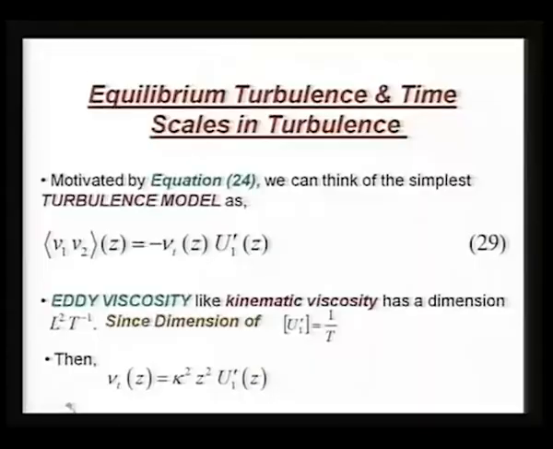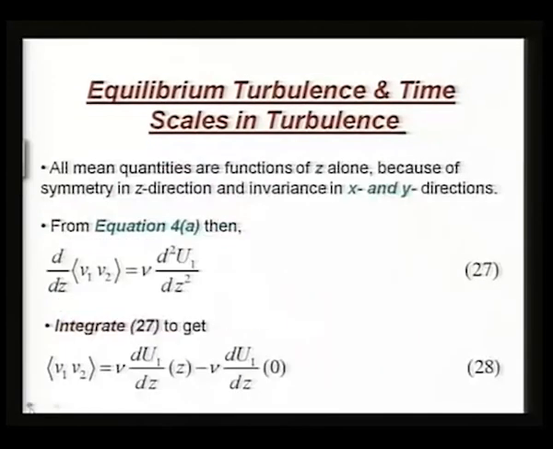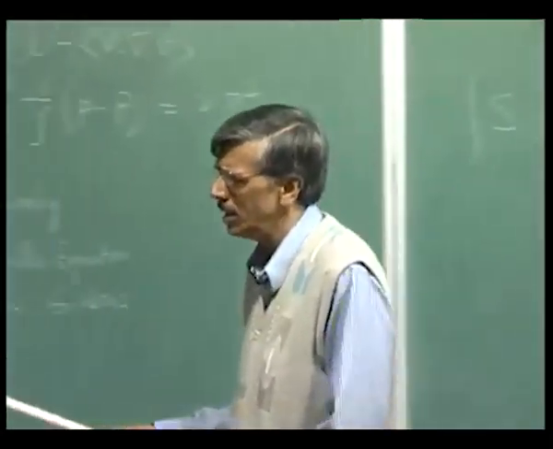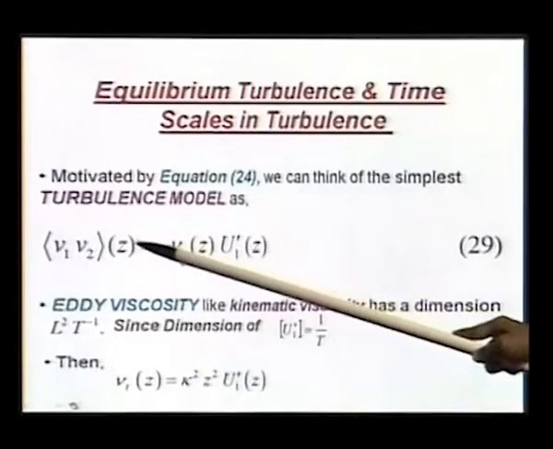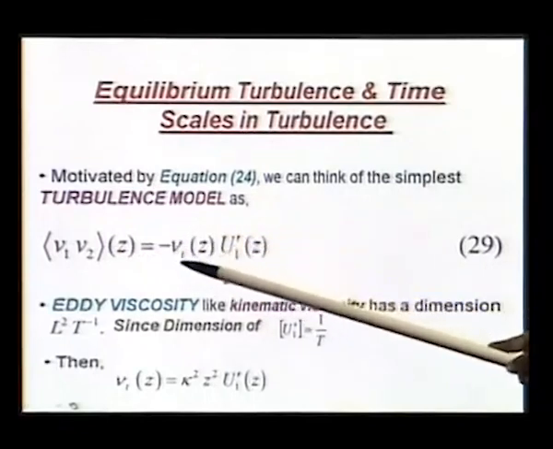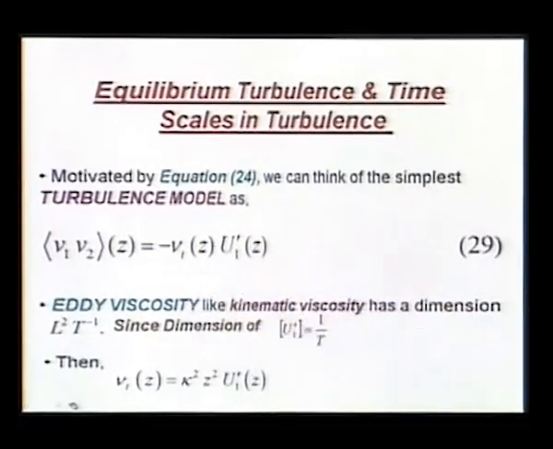We just simply looked at it in this form, that 28 tells you that V1 V2 is going to be proportional to d1/dz. So, if we try to do that, we can write it down in this particular fashion, then this will be proportional to this. So, the proportionality constant is what we would like to call the eddy viscosity.